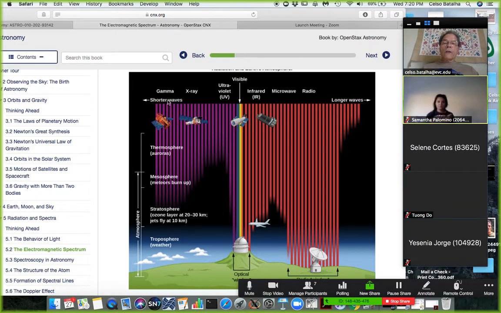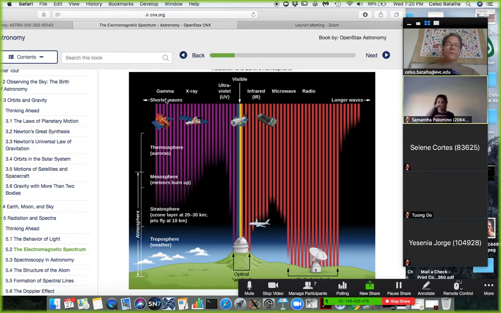And even more energetic are gamma rays, with a shorter wavelength. The light associated with gamma rays is produced in fantastically exploding events like supernovae.